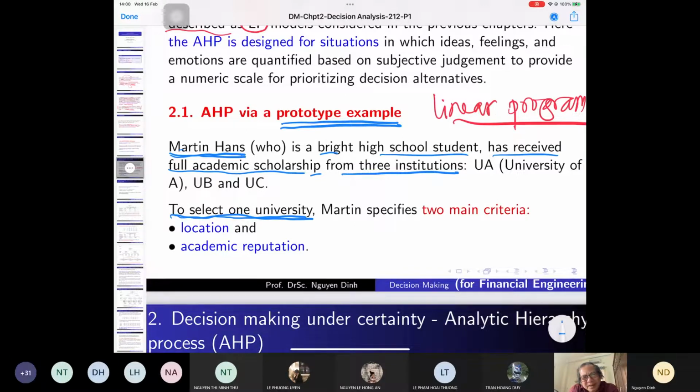But the academic reputation is also very important. Why? Because if you graduate from a university with a high rank, then with that certificate you can get a job easily.